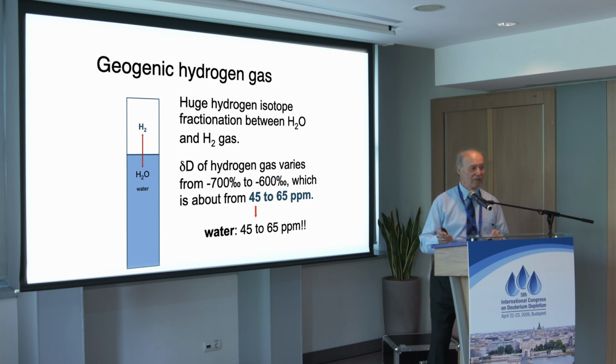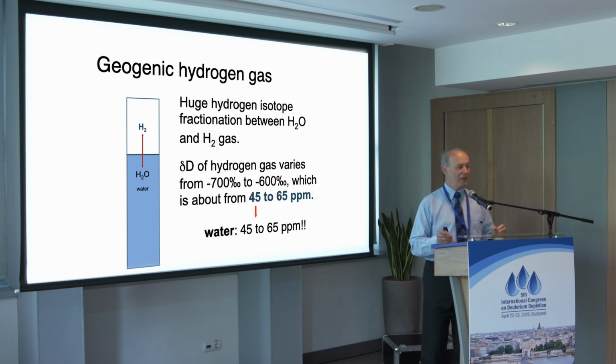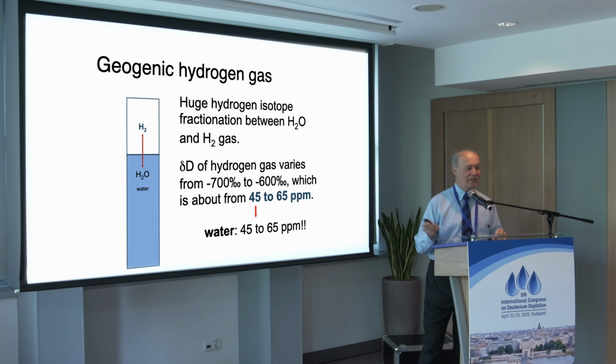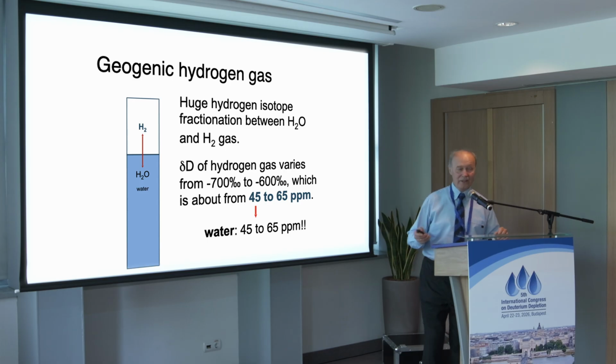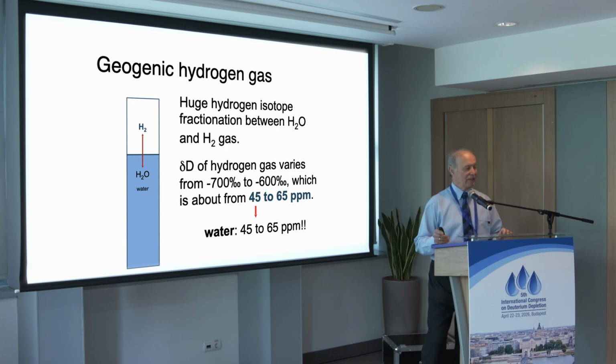Now, geogenic hydrogen gas. Maybe you have heard about the existence of this hydrogen gas. Geogenic means geological hydrogen. The hydrogen gas is produced in nature under the surface. And recently, you can read more and more papers about it, that it exists in different parts of the world. This is called white hydrogen, not green hydrogen.